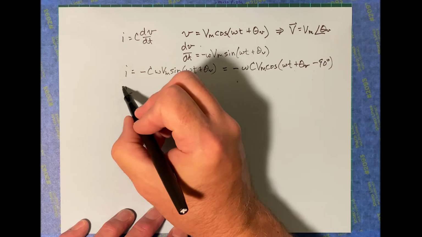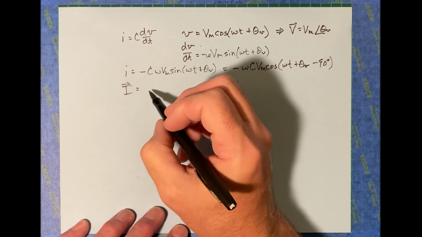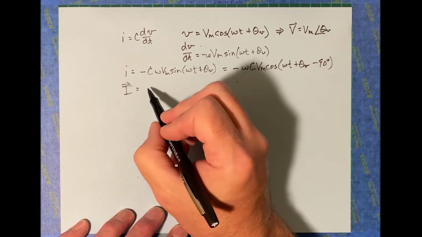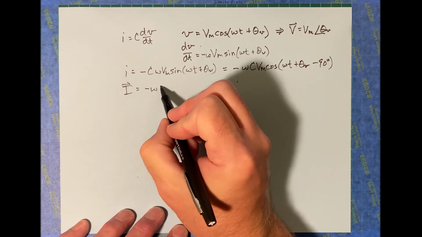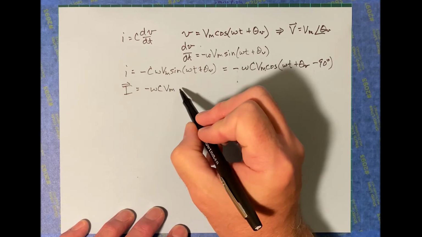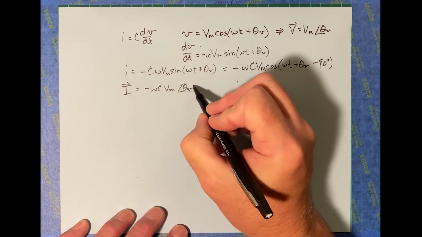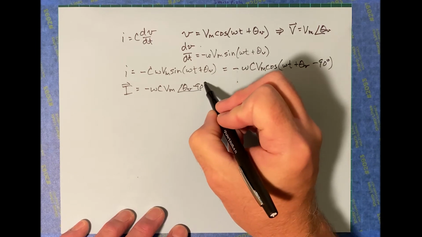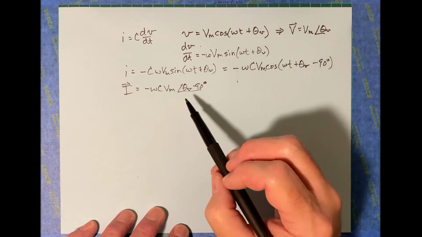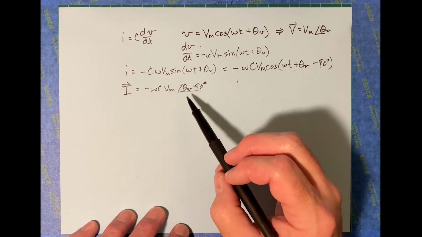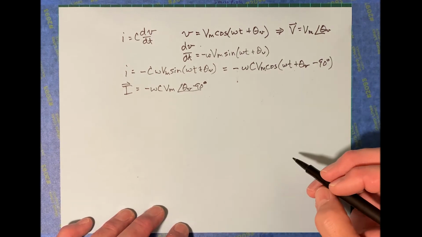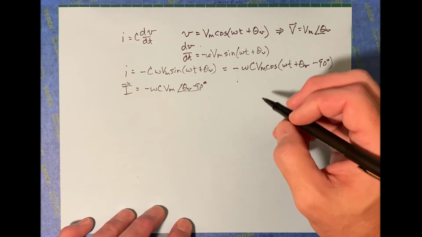Then phasor I is just going to be minus omega c v sub m angle theta sub v minus 90 degrees.